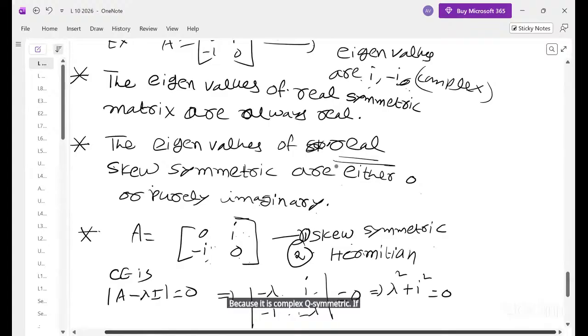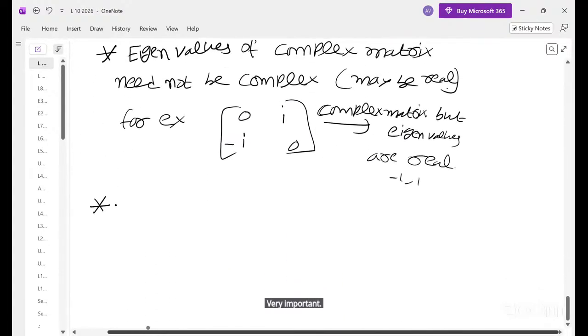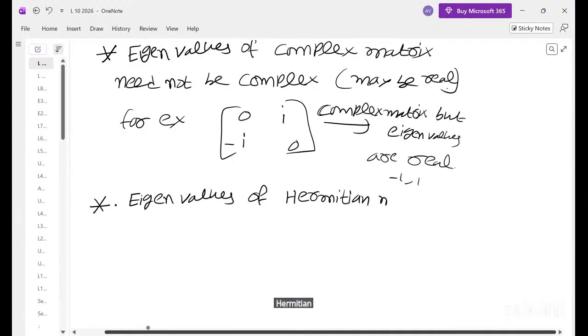If it is real skew symmetric only, this holds true. Very important. Next one: eigenvalues of a Hermitian matrix are always real. Not only for this, Hermitian matrix eigenvalues are always real.